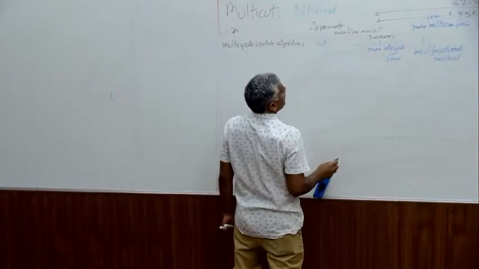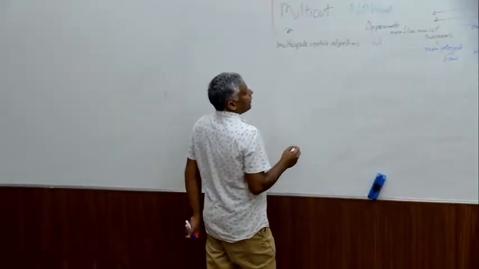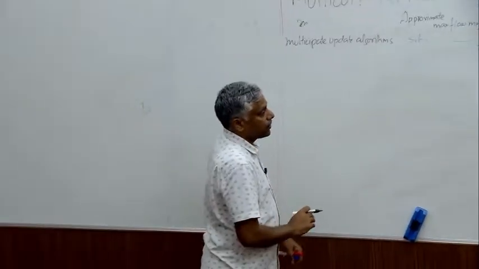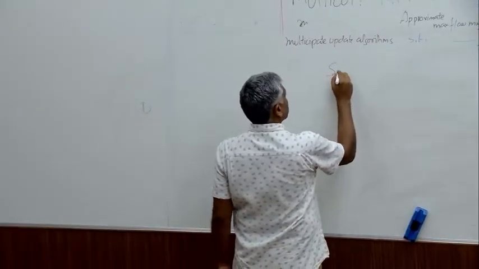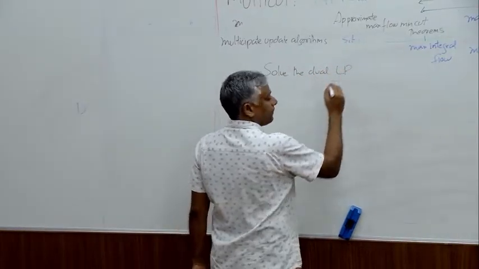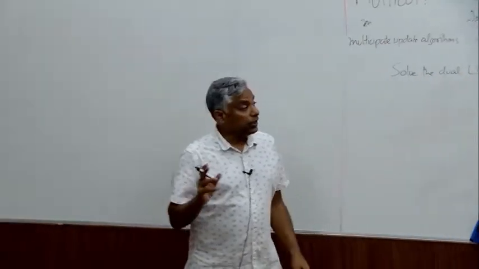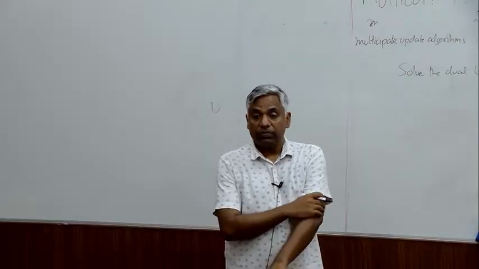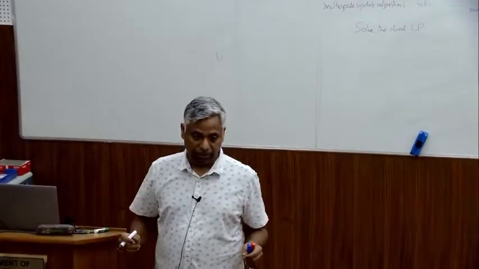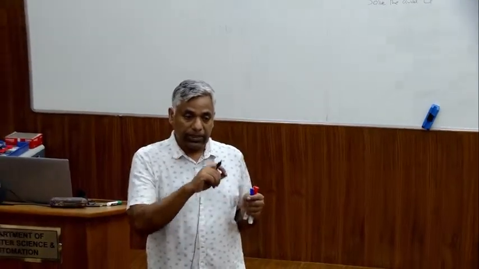Okay, so now for general graphs. What happens for multi-cut in general graphs? Here we are going to solve the linear program, the dual LP. The dual linear program, which I've erased now, but you remember, is an assignment of lengths to the edges such that between every source and sink pair, the shortest path has length at least one.